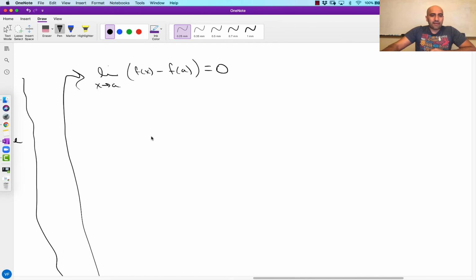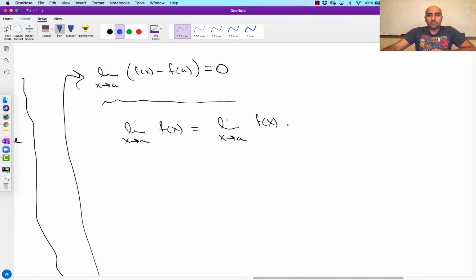Now we're going to take that and start over here. Consider the limit as x approaches a of f of x. This is equal to the limit as x approaches a of f of x plus 0. Nothing wrong with adding an extra 0; plus 0 doesn't do anything. Let's rewrite it: instead of plus 0, I can write minus f of a plus f of a.